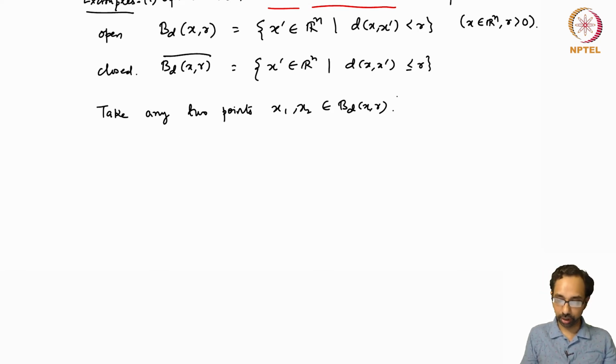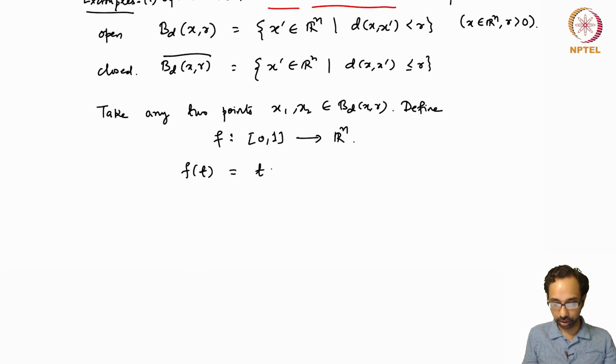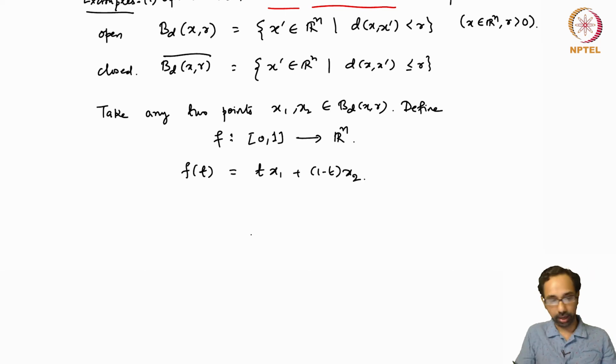For this we define the function f from the closed interval [0, 1]. Here we are taking a to be 0 and b to be 1, and this is a function from [0, 1] to, say, R^n, which is given by f(t) equals t times x1 plus (1 minus t) times x2, and geometrically this is nothing but the straight line joining two points.